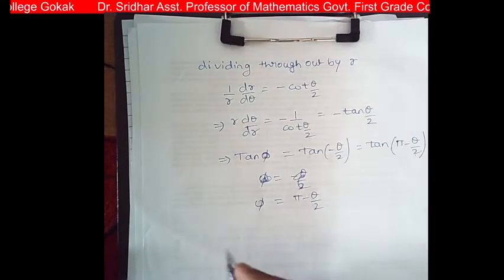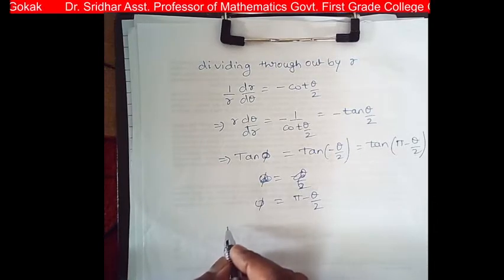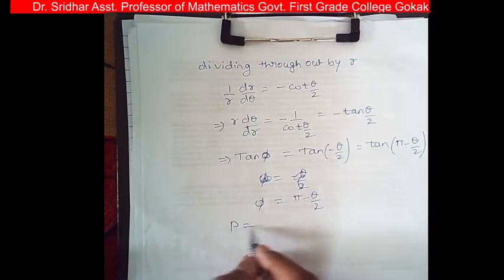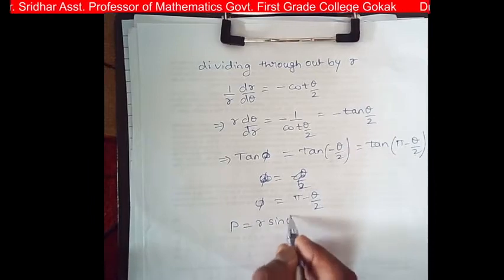Okay, so now we have by the length of the perpendicular formula, P is equal to R sin phi.